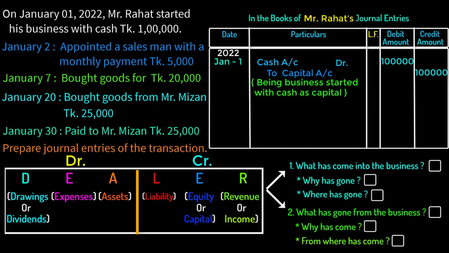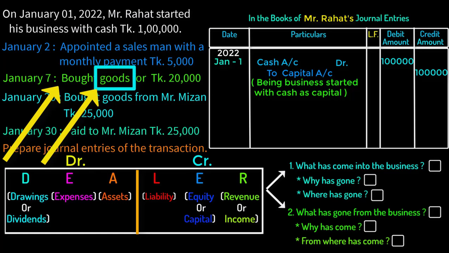Now, you have to focus on another word in this transaction, and the word is goods. I have told you that the word goods is not acceptable for passing journal entries. Instead of this word, you will have to use either purchase account or sales account. As this transaction is for purchase, therefore you will have to use purchase account instead of the word goods.